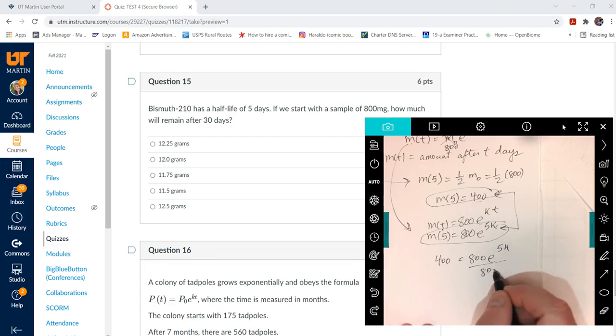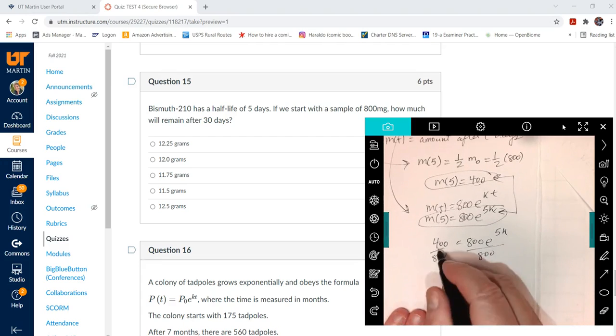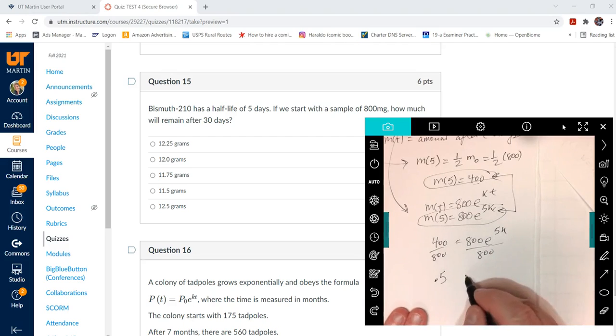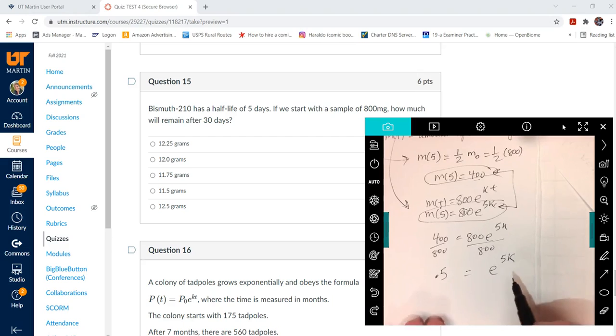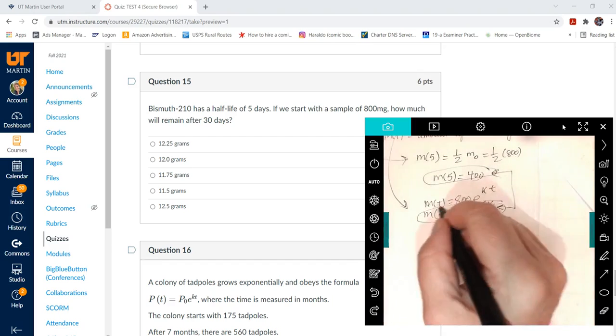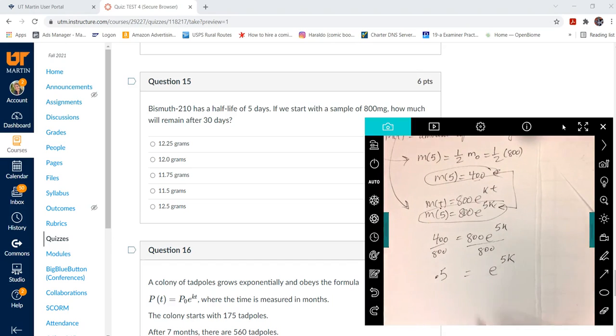Divide both sides by 800. That gives me a half, which I'm going to write as 0.5. Now, I'm going to have to find k, and then I'm going to further refine this formula, and I can finally get the answer. Take ln of both sides.